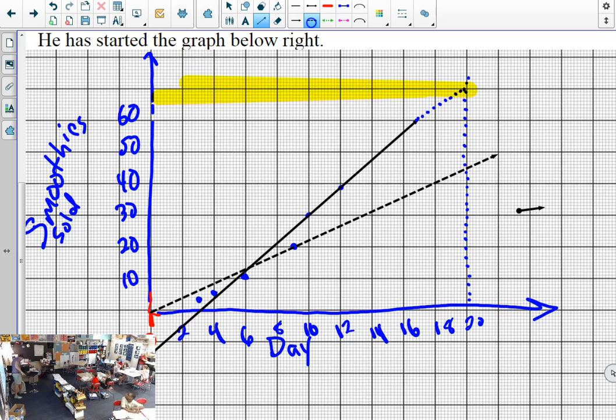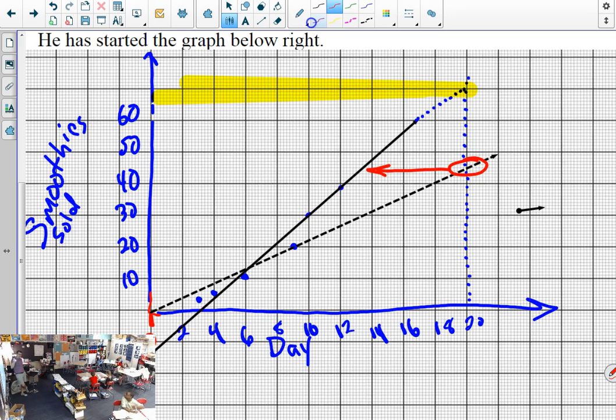But if I did that, my prediction for day 20 would barely be higher than day 12. And that doesn't really seem to match what's happening, right? We're increasing sales pretty steadily. People are catching on, they're buying our smoothies. So you want to try to make this make sense.